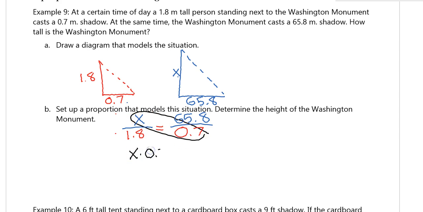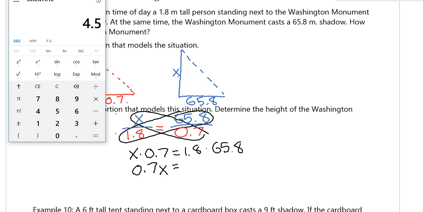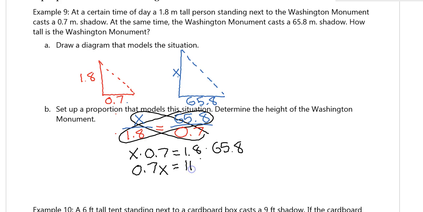X times 0.7 equals 1.8 times 65.8. X times 0.7 is 0.7x equals 1.8 times 65.8. It's 118.44. Then technically there's multiplication here, right?